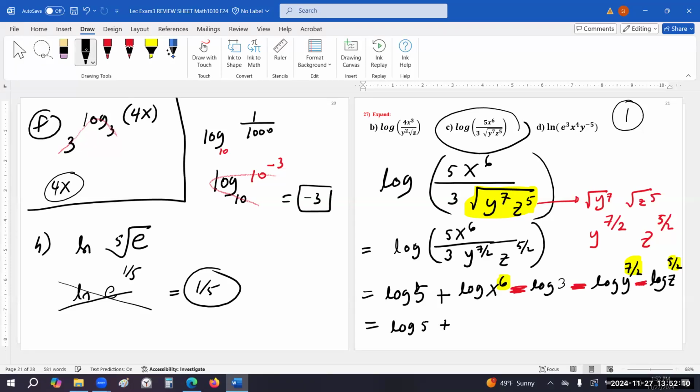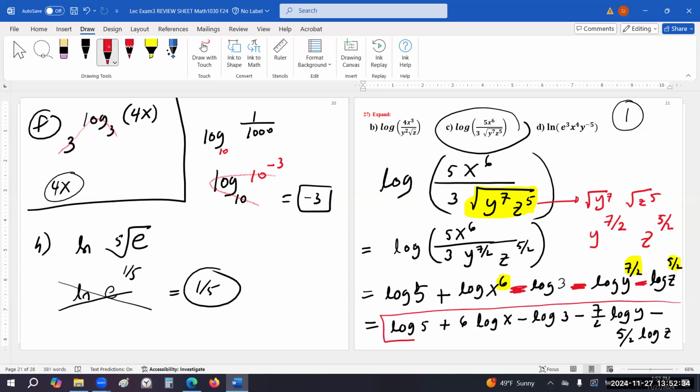So log 5 plus 6 log x minus log 3 minus 7/2 log y minus 5/2 log z. These are finalizing functions, okay?